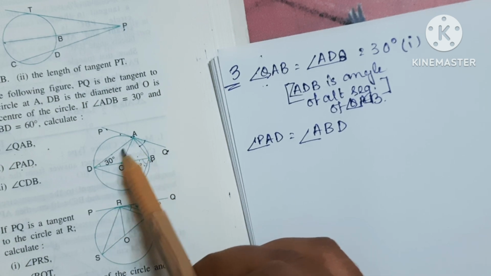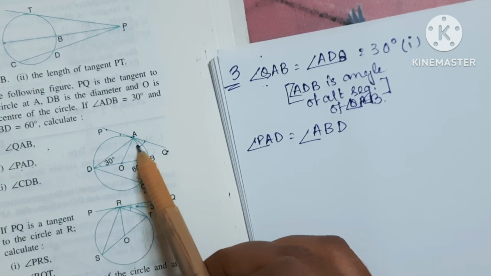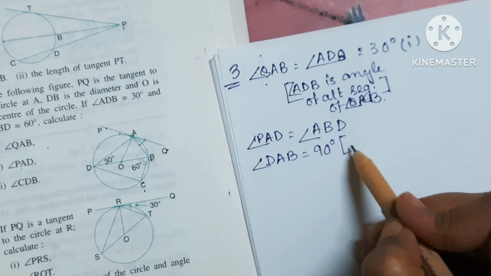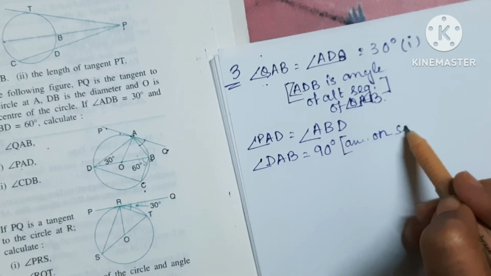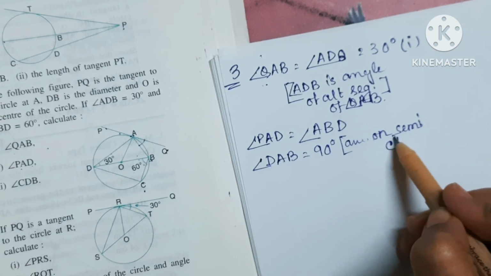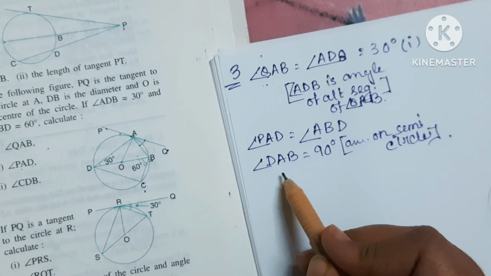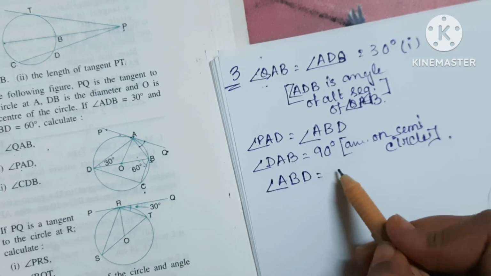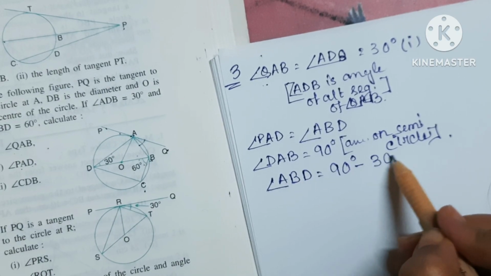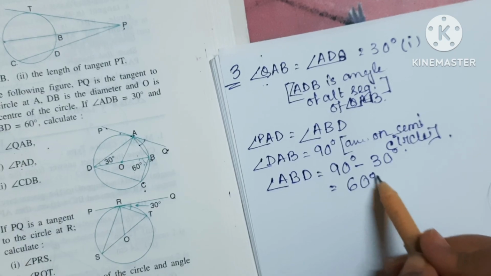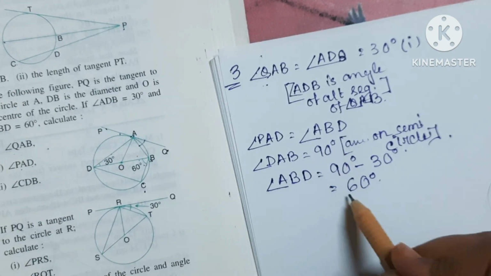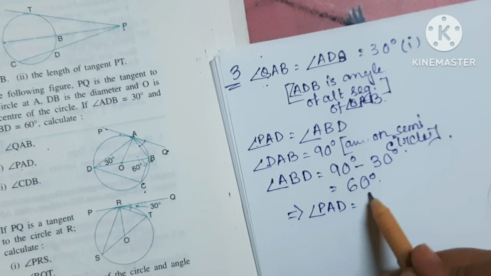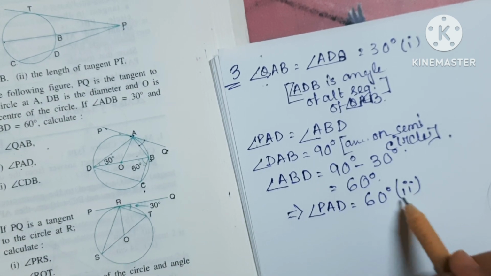Angle DAB is 90 degree, because it is an angle on semicircle. So angle ABD will be 90 degree minus 30 degree, which is 60 degree. So ABD is 60 degree, that means angle PAD will be 60 degree. That is the answer of question 2.